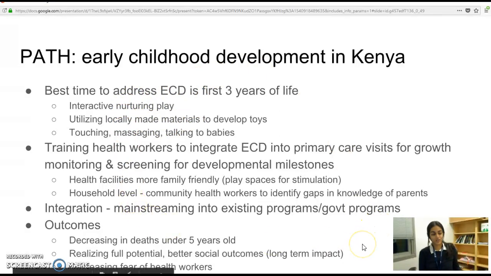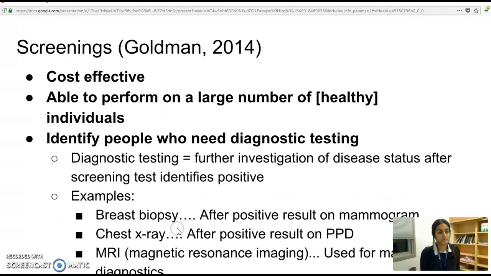So I just thought this was an amazing example in 4 minutes on this really comprehensive intervention for a preventive program and even incorporating screenings as well.